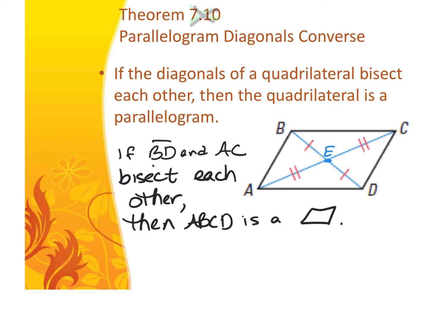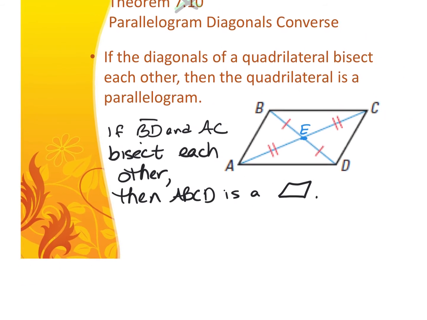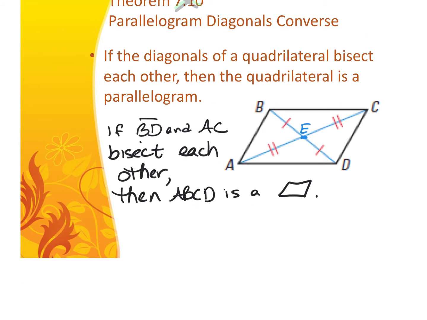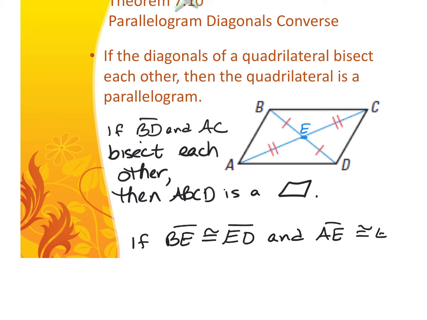That's one statement you could make based on the picture. You could have also said that if BE is congruent to ED, meaning it's bisected, and AE is congruent to EC, then ABCD is a parallelogram.